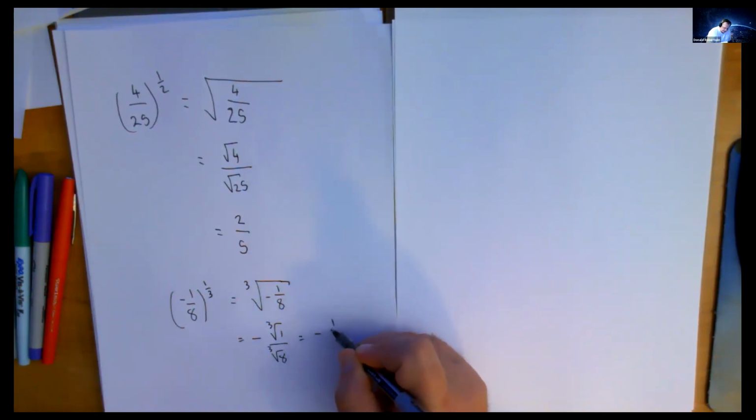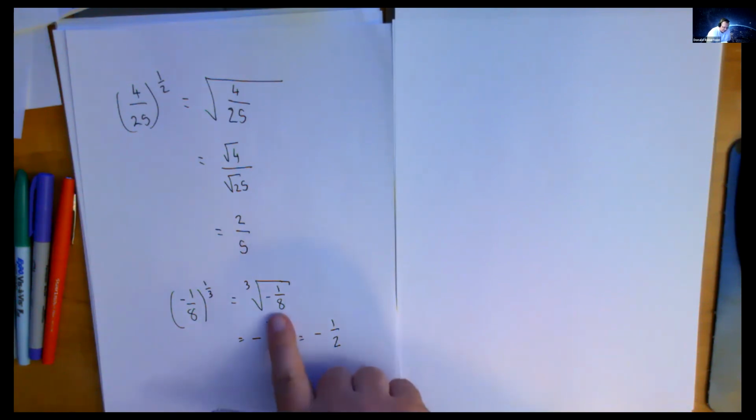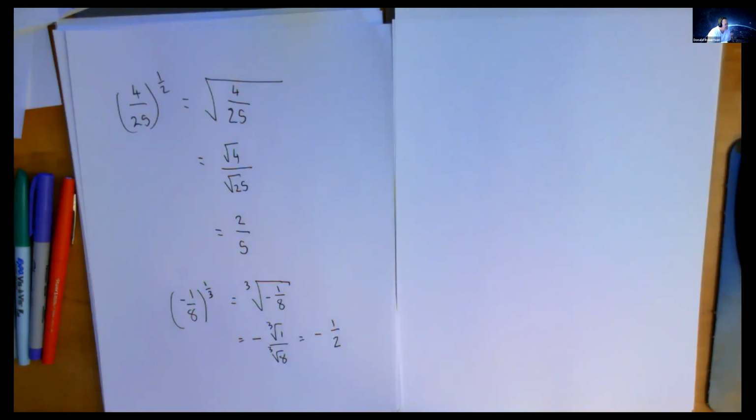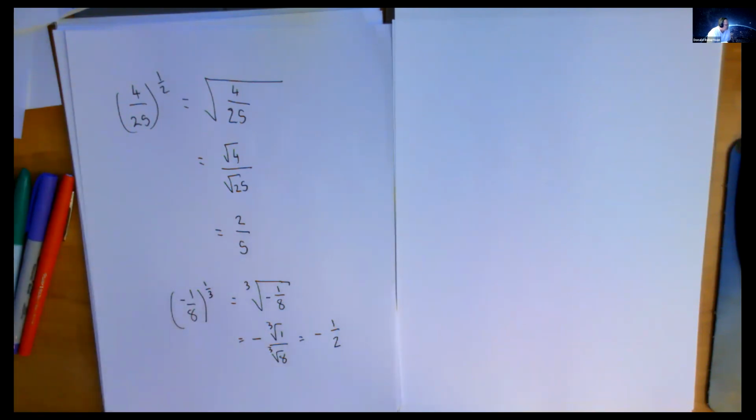And won't that get me -1/2? And as a check, isn't -1/2 times -1/2 times -1/2 equal to -1/8? Doesn't that get you exactly what it needs to? So we know it's right. Are we good so far?